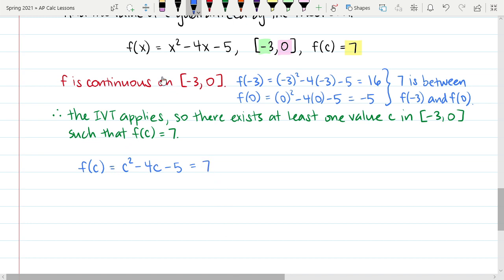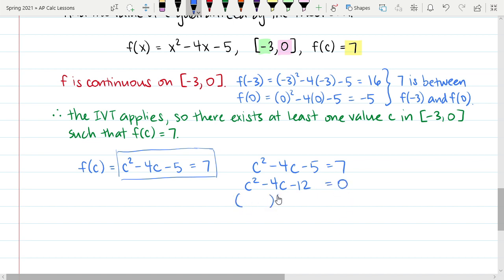So really, we're just looking at this equation right here. So let's just solve that. c squared minus 4c minus 5 equals 7. It's quadratic, so I'm going to subtract the 7 from both sides, and I've got c squared minus 4c minus 12 equals 0. I can factor that.